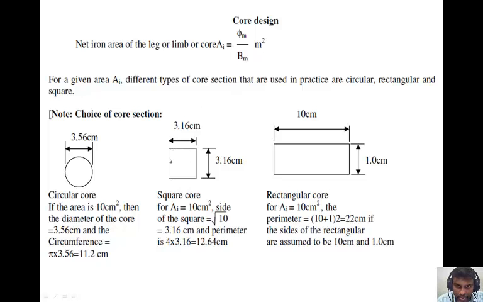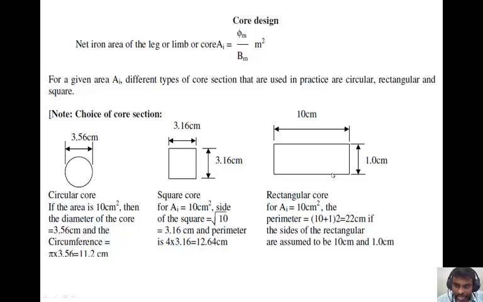If you use a square core, the area is going to be 10 centimeter square, and the side of the square is root 10, which is equal to 3.16 centimeters, and the perimeter is 4 times this length, 4 into 3.16, which is 12.64 centimeter.